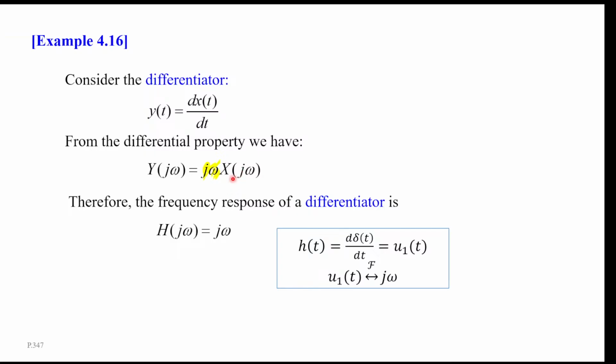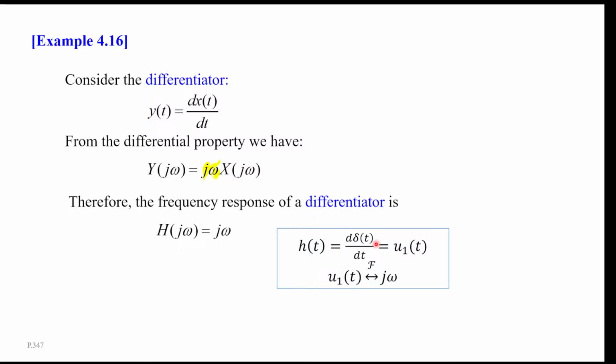Okay, and let's look a little bit more into this system, and now remember, this is actually a really weird Fourier transform pair. So if you calculate the small h of t, then remember this is the definition of our unit doublet signal. So h of t is the differentiation of delta function, is u1.